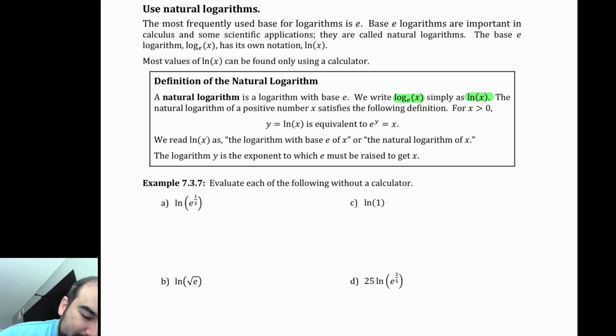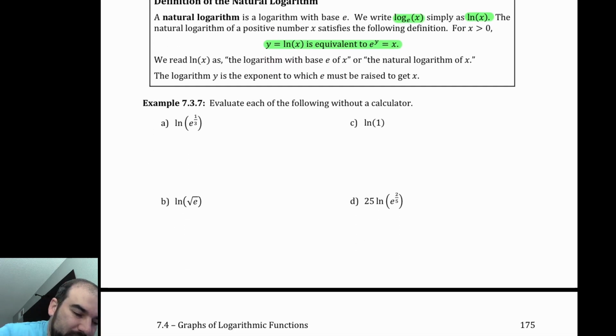So that's what ln stands for. And whenever we see ln, it is equivalent to e to the y equals x. If we take this ln, it has a base e, we shift it to the other side, the y shifts up into an exponent, and that's where we get the e to the y, and then the x is isolated down below.